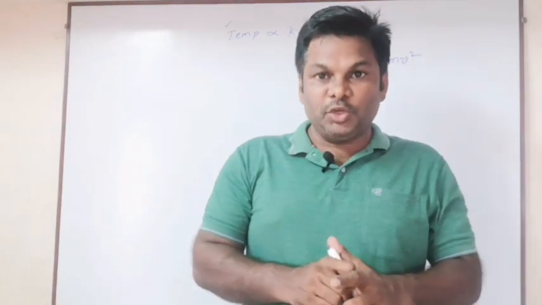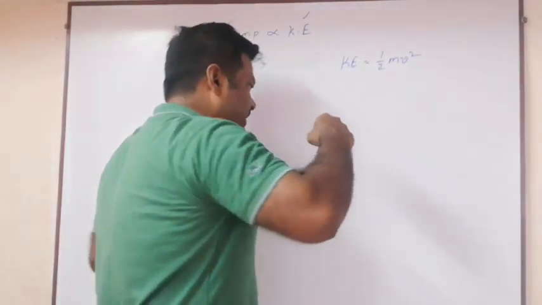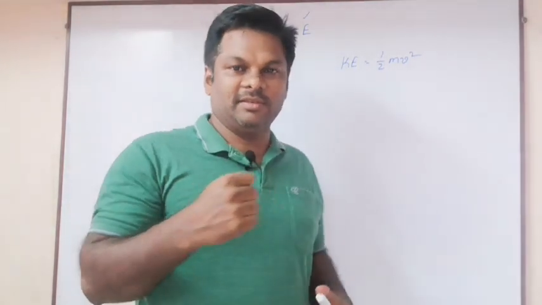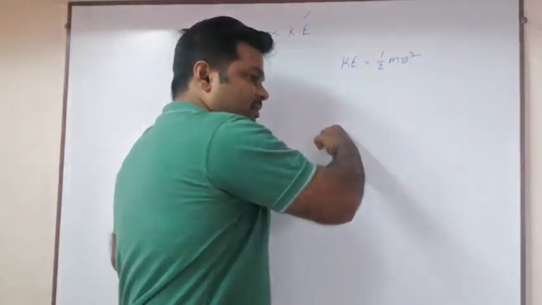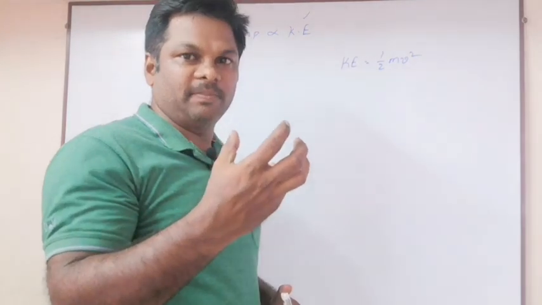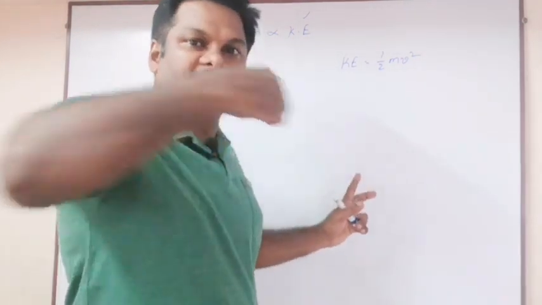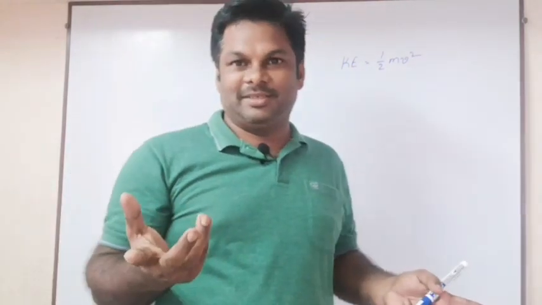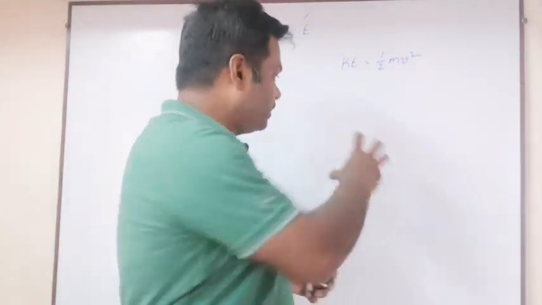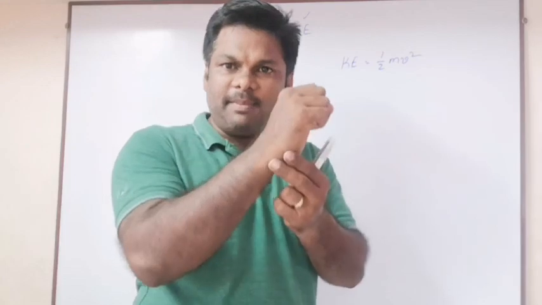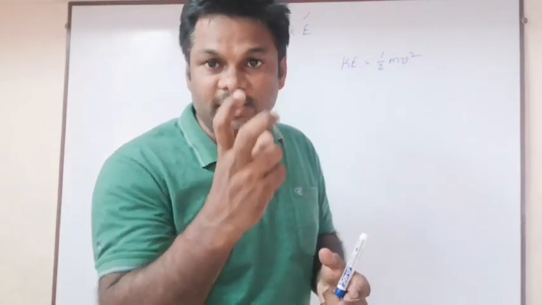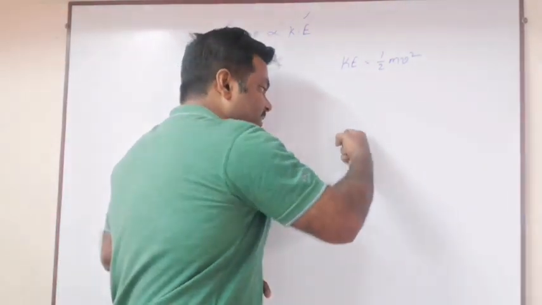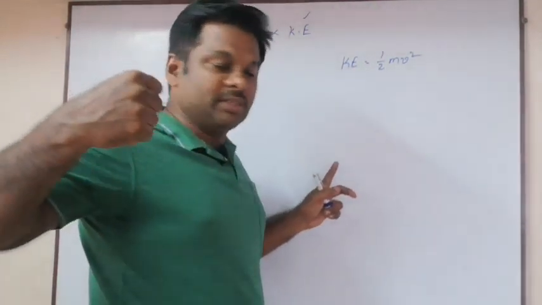Suppose when you want to hit like this, you can hit, but how much energy are you losing to hit like this? A little bit of energy. Suppose you are hitting from a far distance like this, then you know that you are using more kinetic energy with the same hand, but you are changing the situation. In the first case you are hitting very slowly, and in the second case with some velocity.